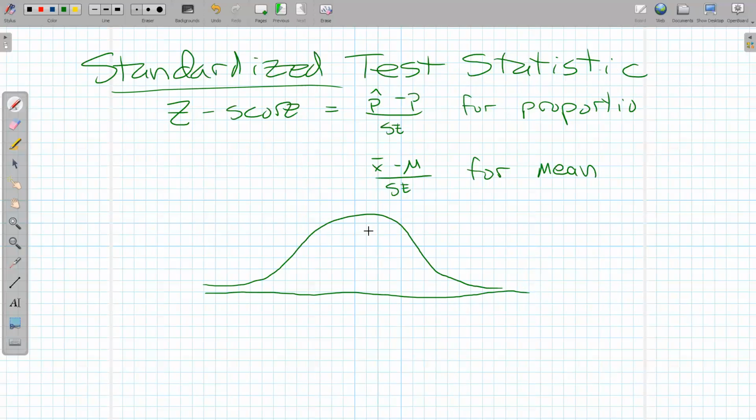And that 95% rule, this would be plus 2 standard deviations to the right, minus 2 standard deviations to the left. We get the usual 95% in the middle. If we calculate a z-score and we see the z-score is bigger than 2, then we say, oh, that's a high z-score.